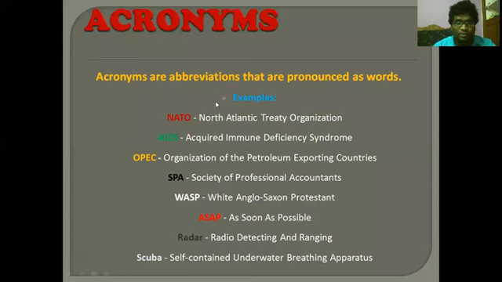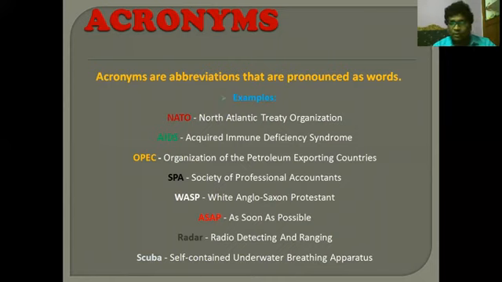But when it comes to acronyms, they can be pronounced as a word. For example, NATO, AIDS, OPEC, SPA, WASP, how we actually pronounce them. That is the main difference between abbreviations and acronyms.